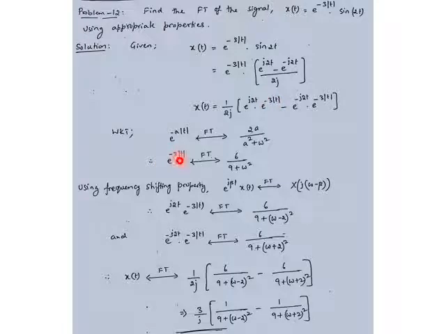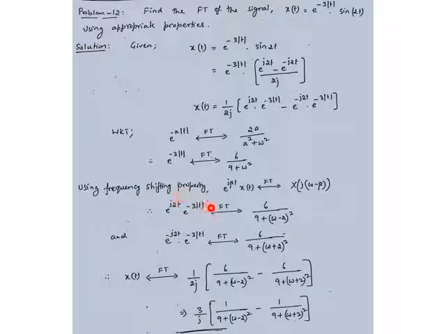So e to the power minus 3 with magnitude of t has a Fourier transform of 2 into a, that is 2 into 3 is 6, divided by a squared, that is 3 squared is 9, plus ω squared. So if I take the Fourier transform only for e to the power minus 3 with magnitude of t, I will have 6 by (9 plus ω squared). But I have to use the exponential term e to the power j2t as well, so I can look into the frequency shifting property.